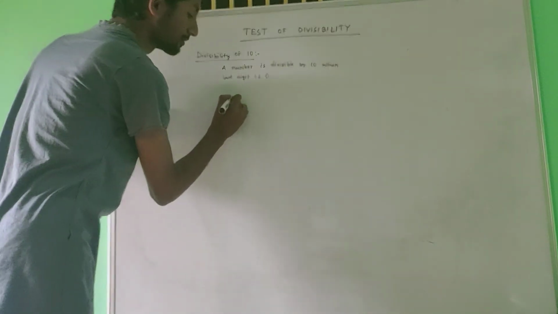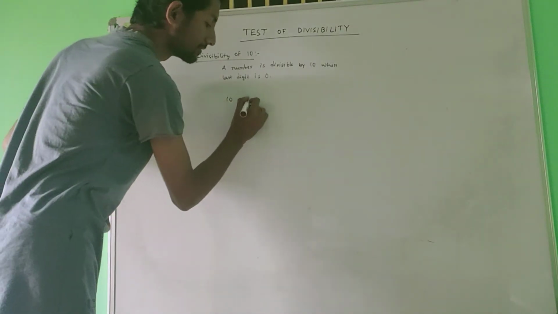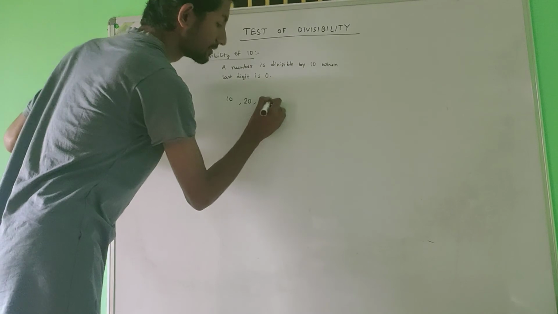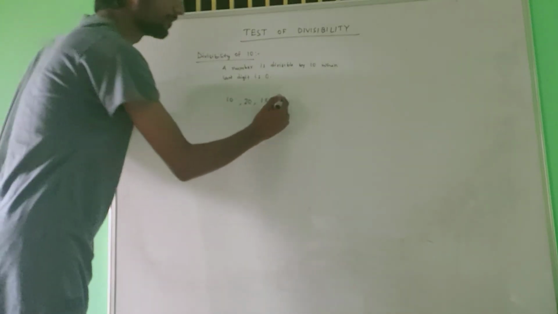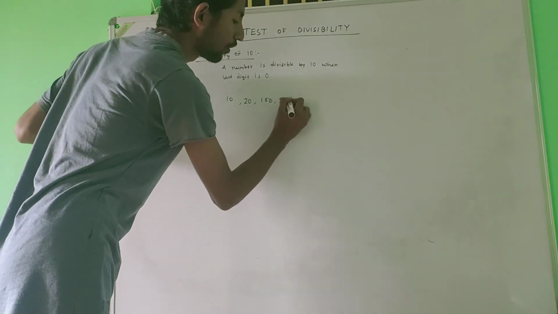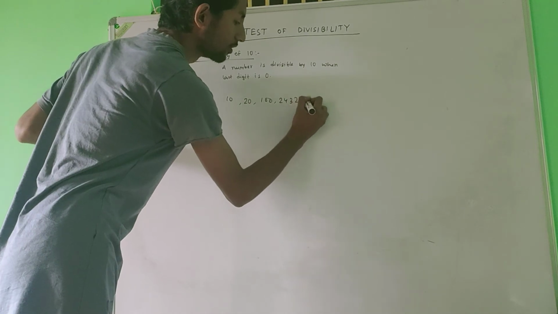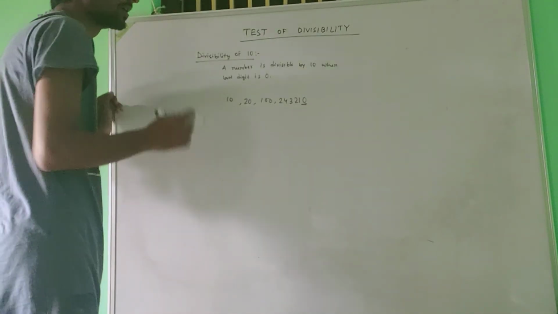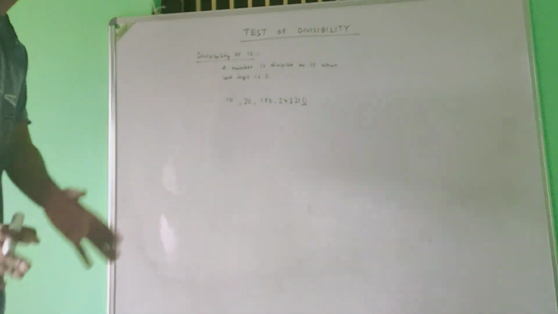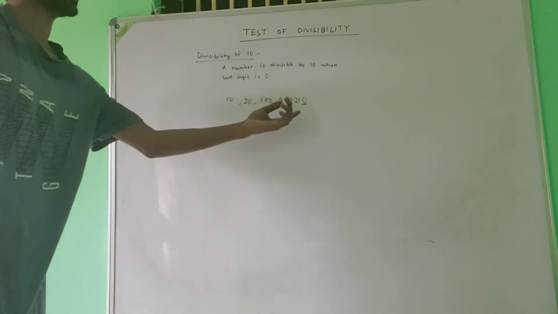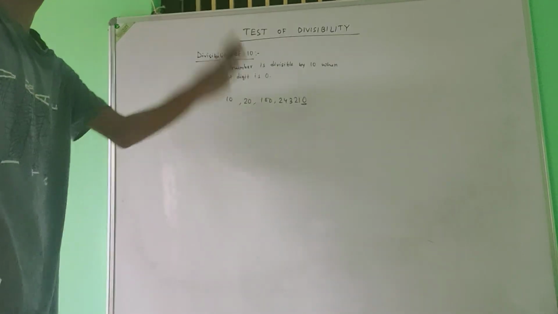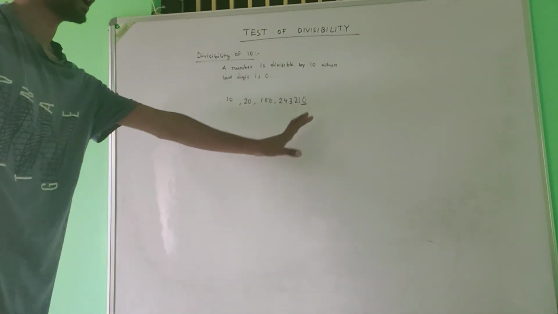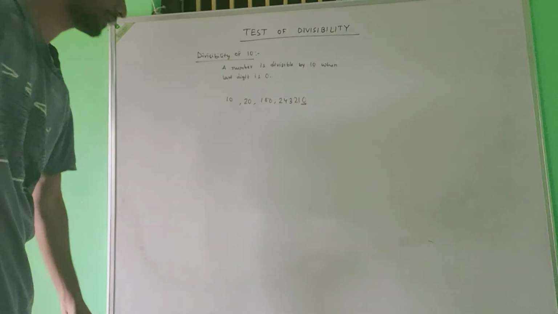Suppose 10 is divisible by 10, 20 is divisible by 10, 100 is divisible by 10 because the last digit is 0. Similarly, 243210 is also divisible by 10 because the last digit is 0. So if there is any number which has the last digit 0, then we can say the number is divisible by 10.